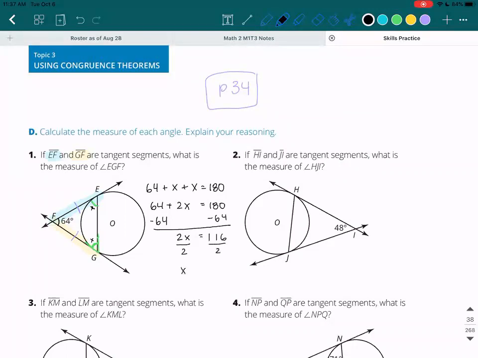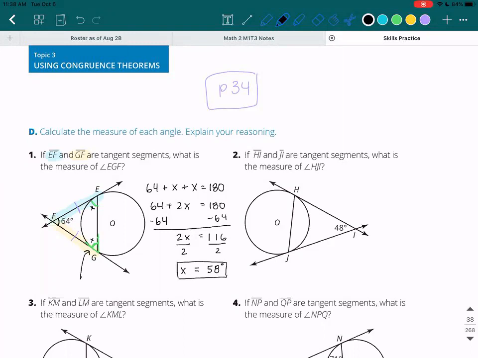And then our x will be equal to 58 degrees. And then you can just box this, because x is our green angle, and that's what they were looking for. They were looking for that angle, and we call it x, and our x is 58. So our green angle is 58.